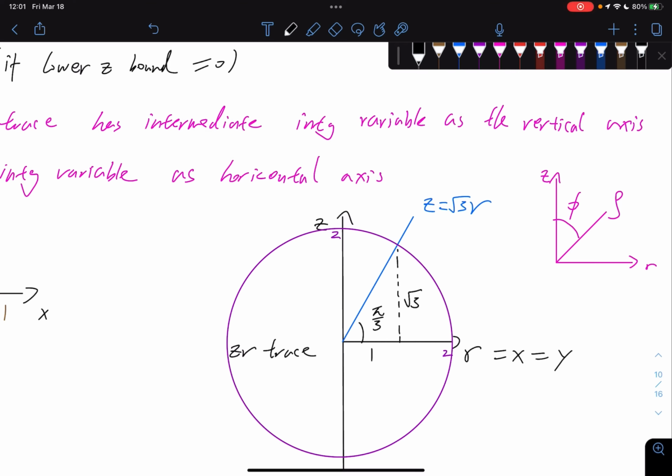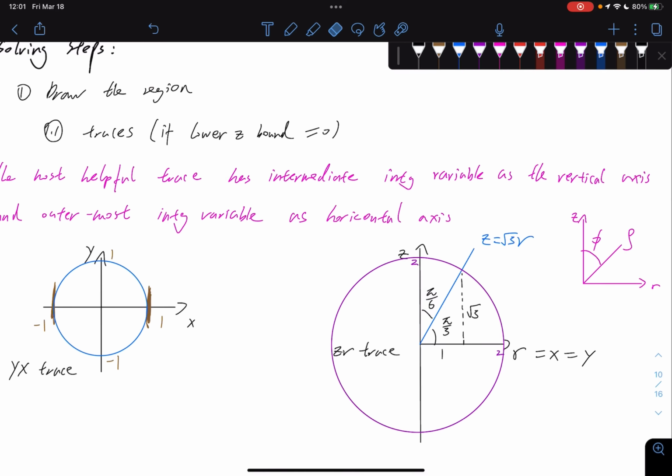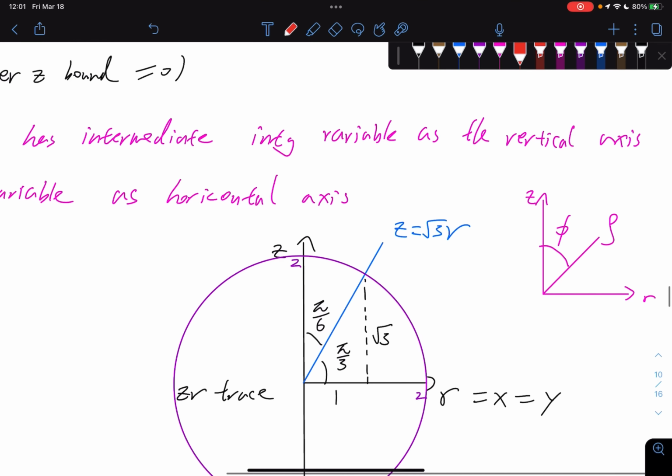But this is not the angle phi. The angle phi is measured from the positive z-axis. So this angle is 90 degrees, which is pi over 2, minus pi over 3, and that's just pi over 6. Again, let's use the laser analogy to help us identify the region of integration.